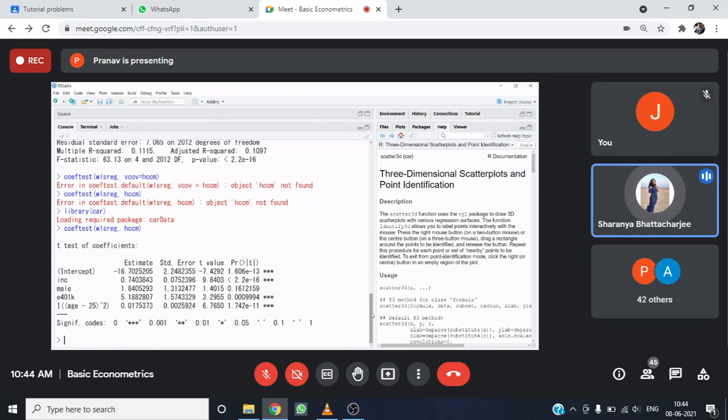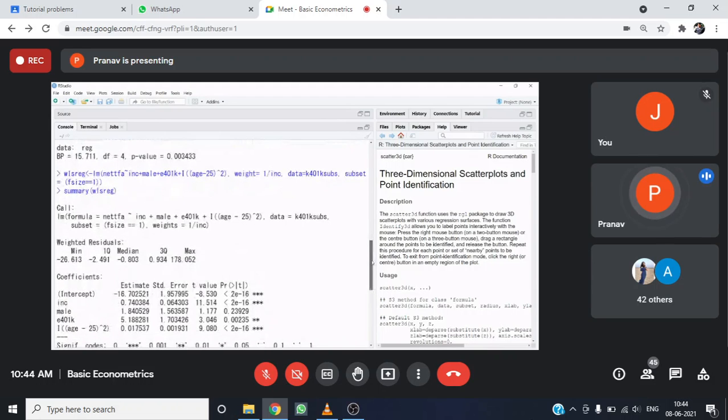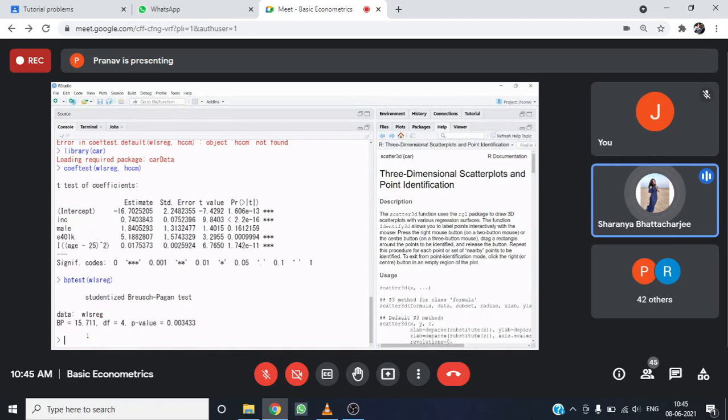The p-value is also very low here, but we just removed the problem of heteroscedasticity, right? Then why is it happening? You are saying that if you run a BP test on WLS REG, right? Yes, Sir. It's exactly the same value that we were getting before. So it's saying it's not removed, since the p-value is very low. So that's what I'm saying.